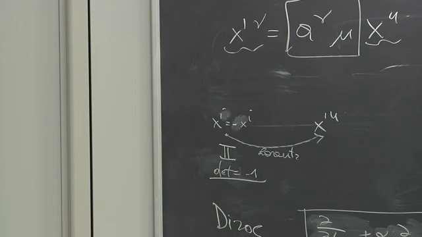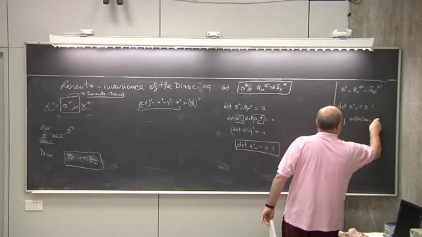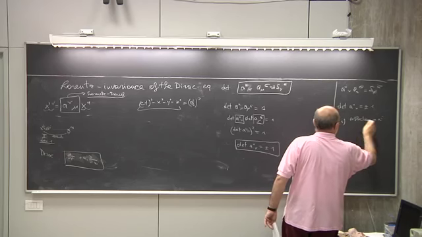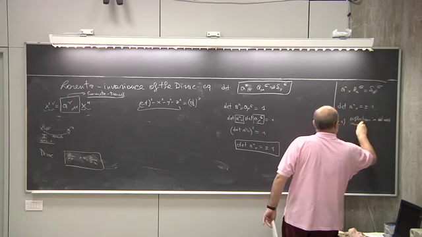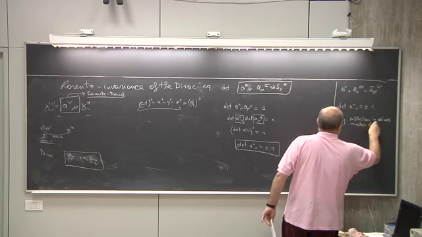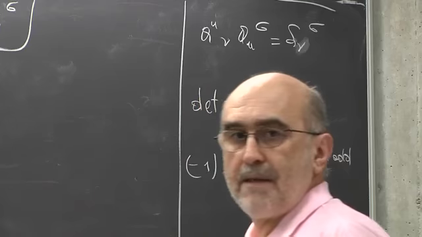So you have a Lorentz reflection in x i in an odd number of x mu. Let's put it in this manner.